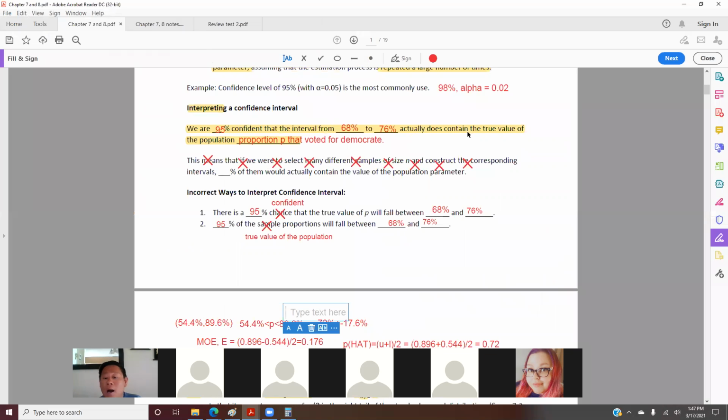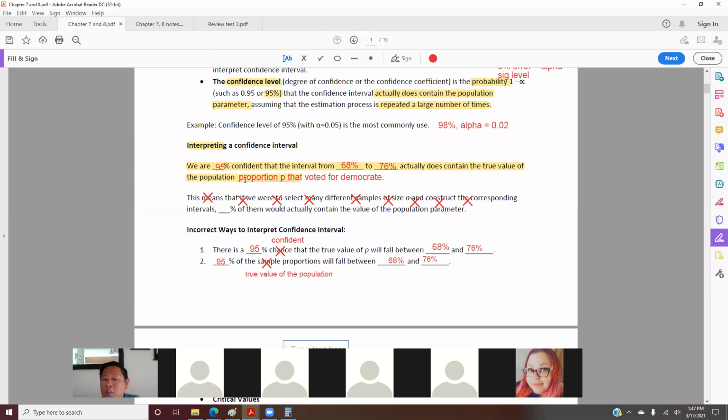It means that the population proportion falls between these two interval values with 95% confidence. That's why, as I told you, this is something you need to write on a piece of paper for your test, because you cannot use the word chance and you cannot use the word sample. So it's kind of fixed in this case.